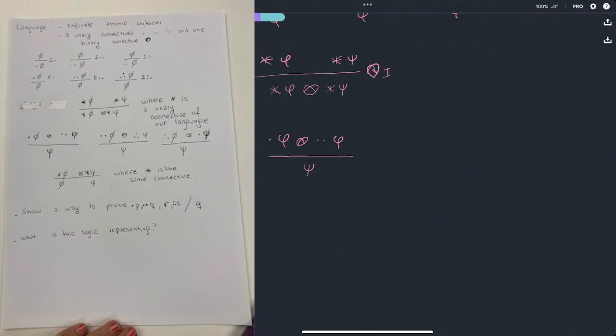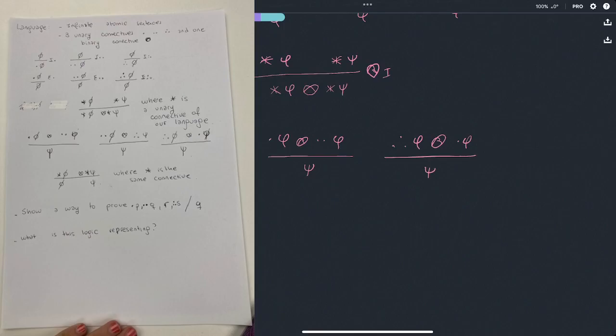So this is basically saying that single dot phi pretzel double dot phi is explosive. It's like falsum, this thing that's so bad that anything else would follow from it. And if you look all the way to the right, you'll see a similar rule where triple dot phi pretzel single dot phi is also explosive.